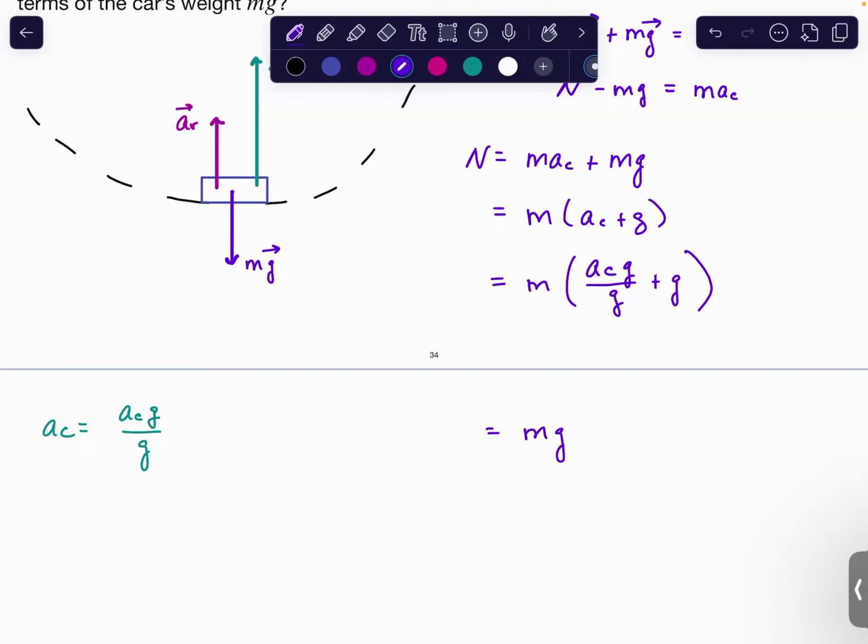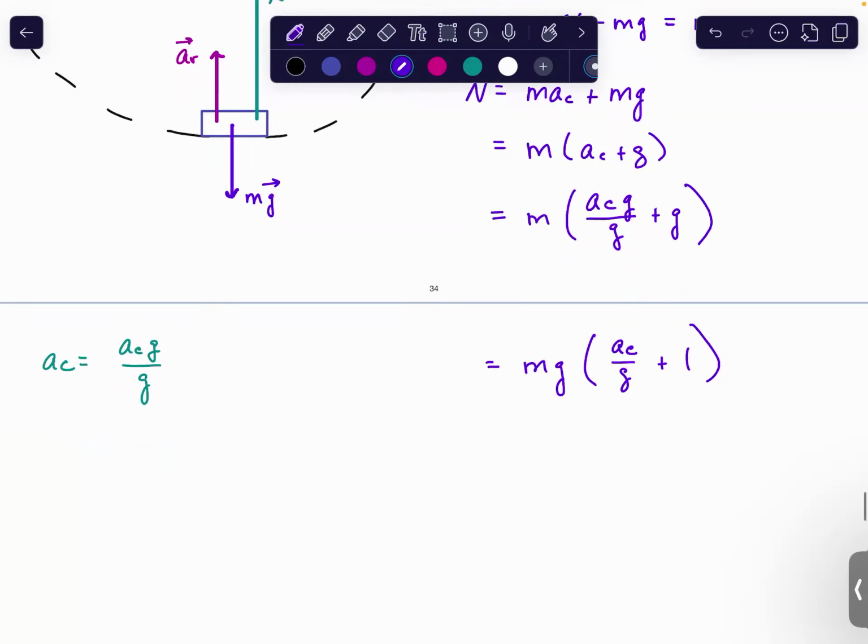That makes more sense. Because I want to pull out the G, we're going to end up with a number multiplied by the weight of the car. So we want to figure out what the normal force is as a multiple of that weight. And so we have that.